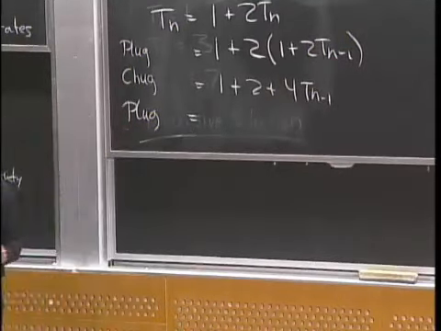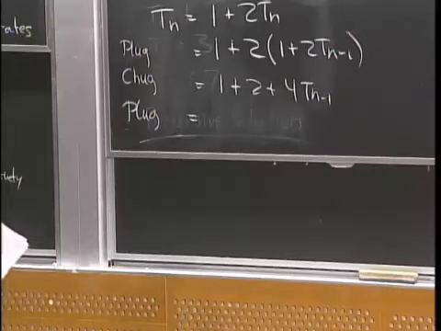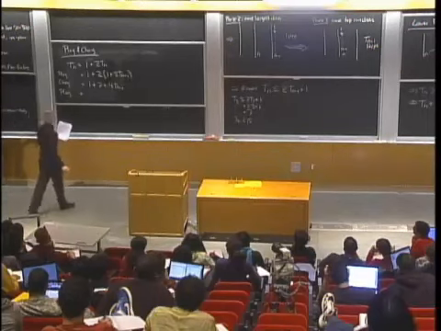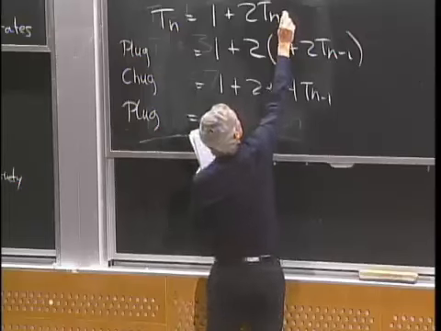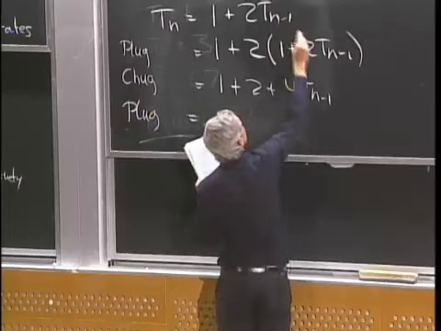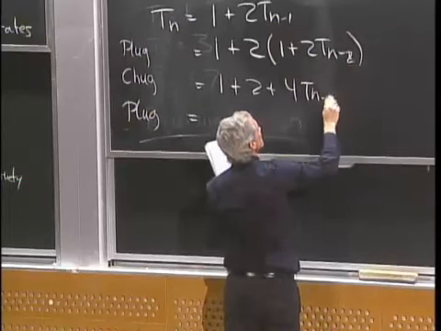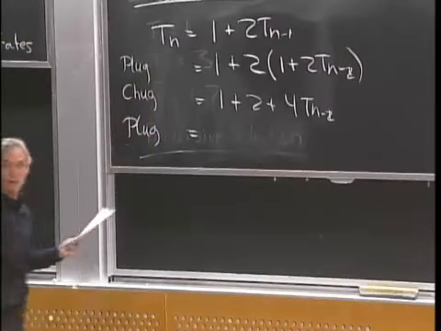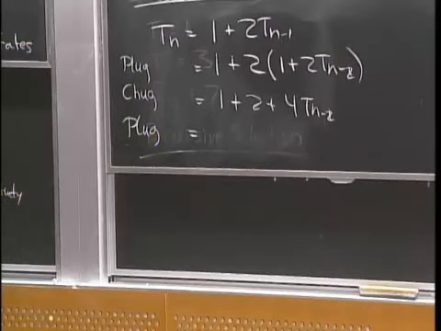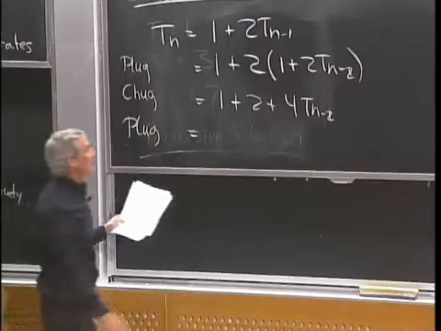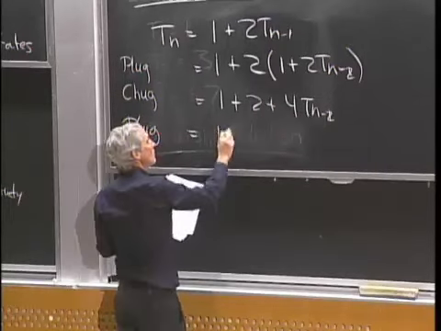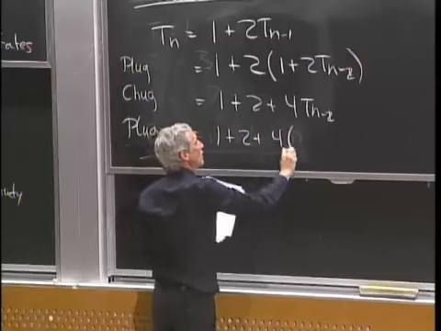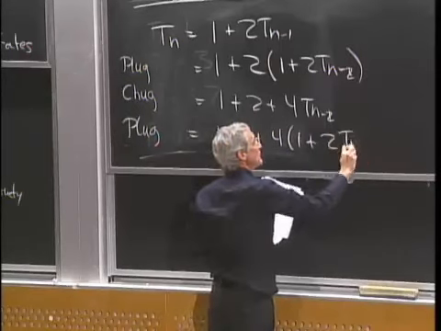What's that? You're right. You're right. I got to get minus 1 here and minus 2 here. That is correct. Very good. I would have run into trouble. That's good. All right, now I plug in here. 1 plus 2 plus 4 times 1 plus 2 Tn minus 3.